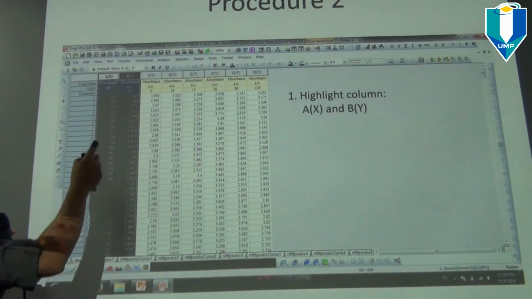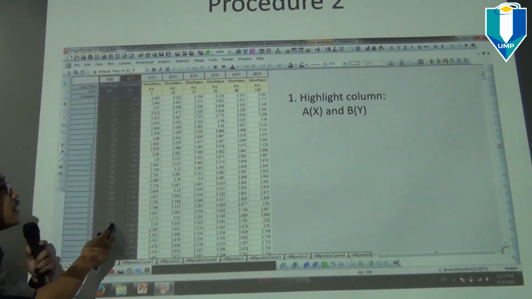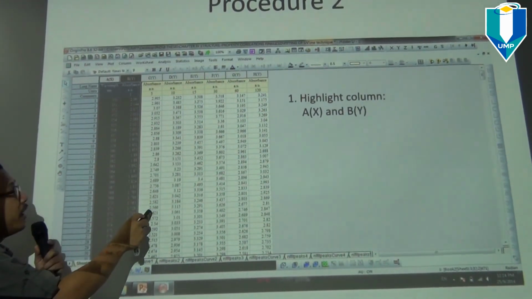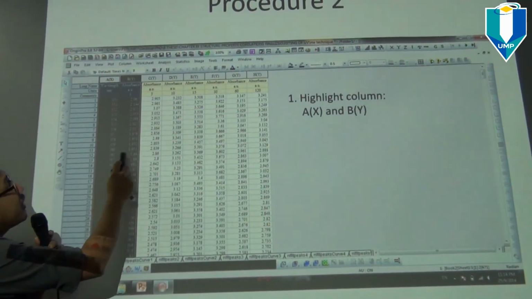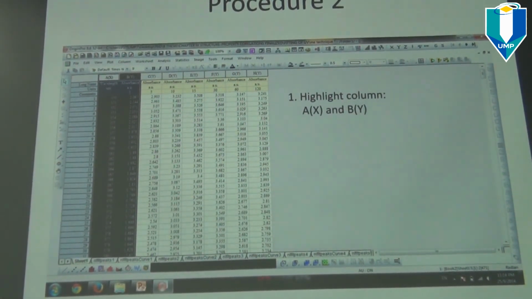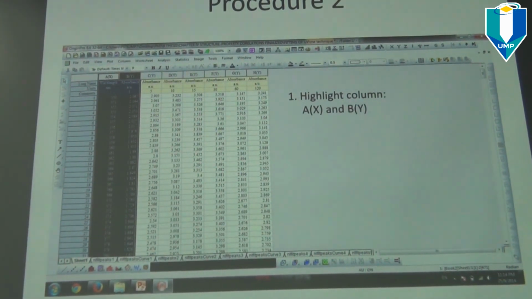Try a different set. Highlight AX. AX is a must. For the second set, you have to highlight AX and CY. Third set, AX and DY, and so on. So good luck doing the fitting.